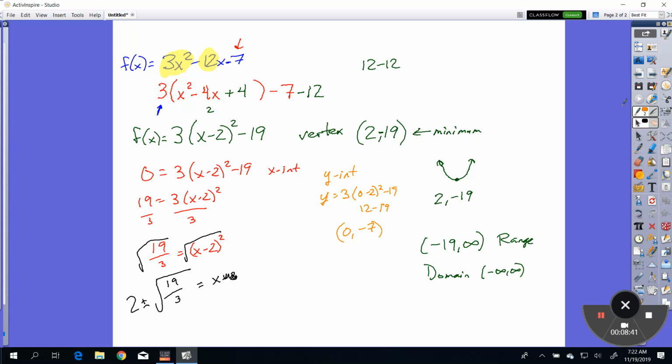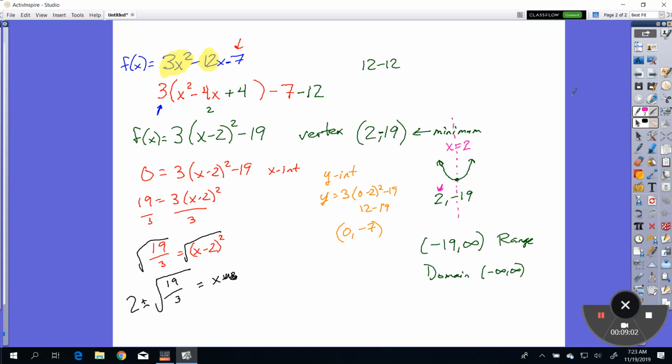What's the axis of symmetry? We didn't do that one. So x equals 2 is our axis of symmetry. So that's what we're working on today.